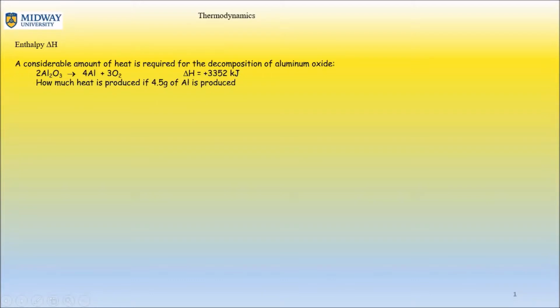Now, the question reads, a considerable amount of heat is required for the decomposition of aluminum oxide. This is very similar to that rust iron demonstration I did in class with iron oxide, the welding. Although it's not exactly the same reaction, it's very much along the line.